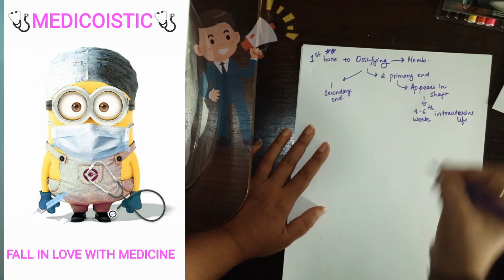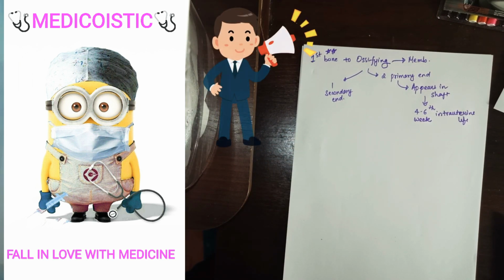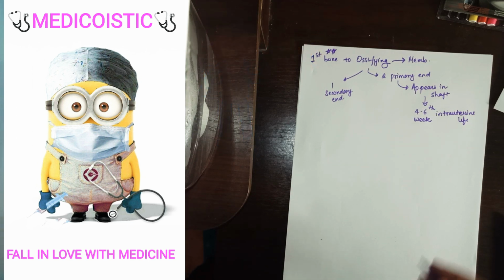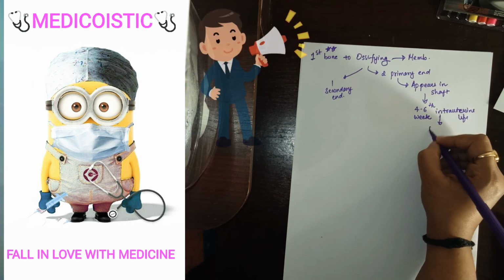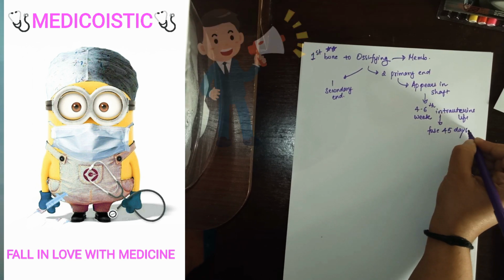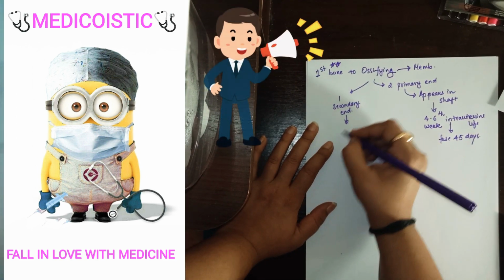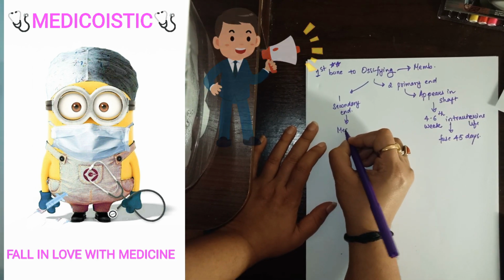Okay, so the primary ends show at 4 to 6 weeks of intrauterine life, and fuse within 45 days. And the secondary end is found on the medial end.